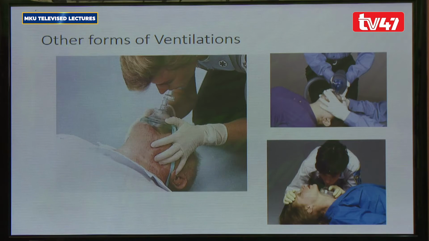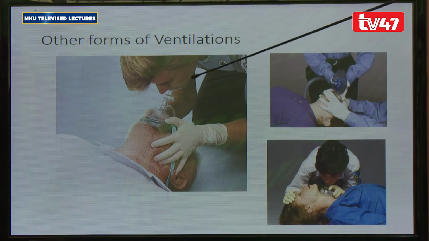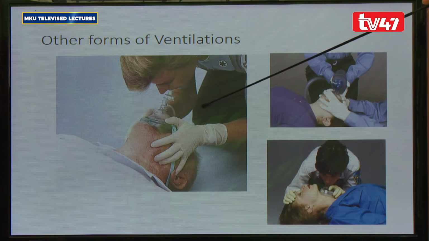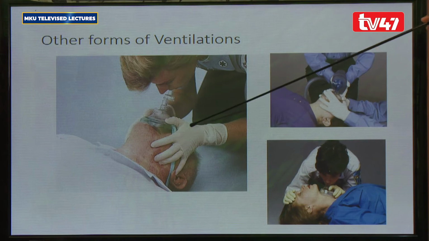Other forms of ventilation, assisting you to propel air into the lungs, right? So this is when you use a sort of assistive device, okay? And this person is then able to blow air nicely into the person. And remember, this is a face mask. Look at it. It's able to focus air into the nostrils.